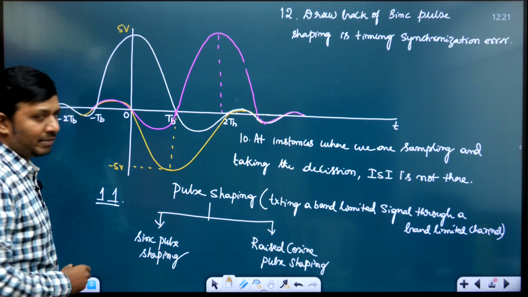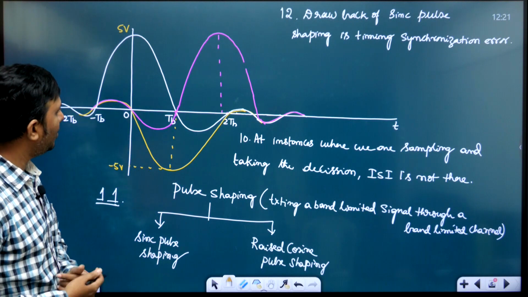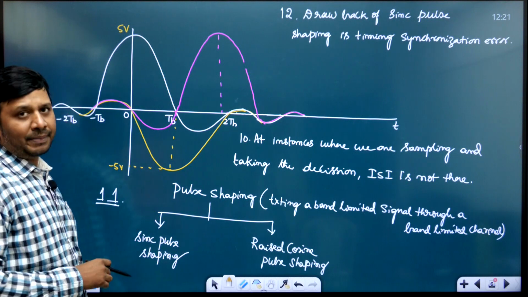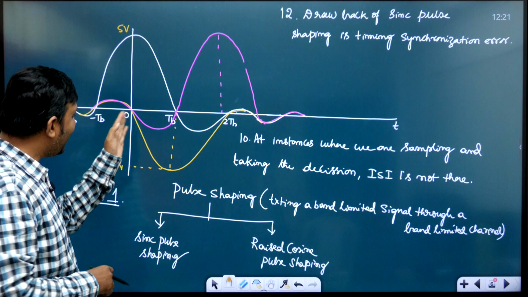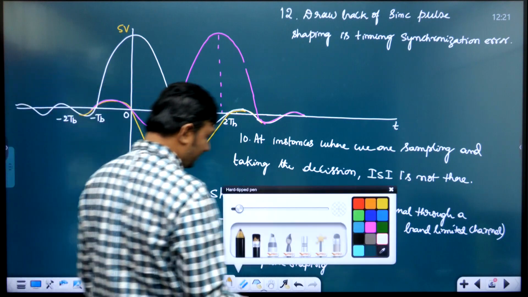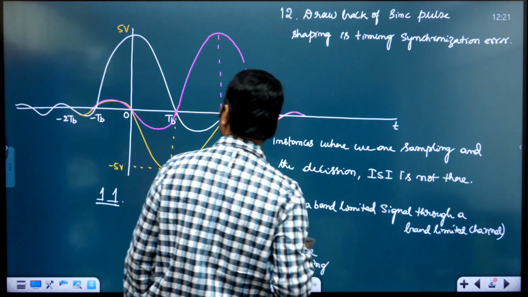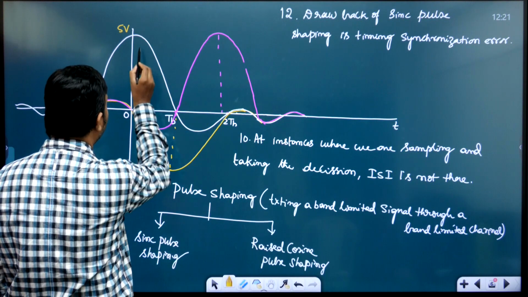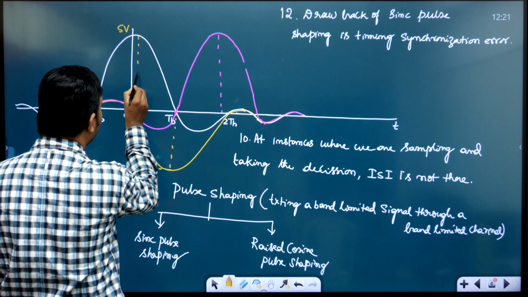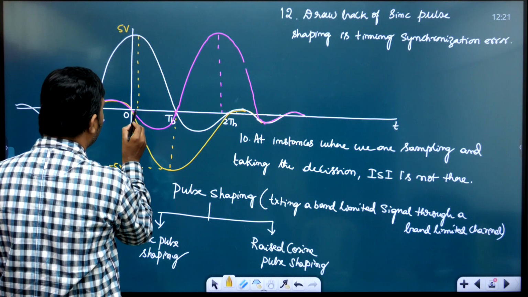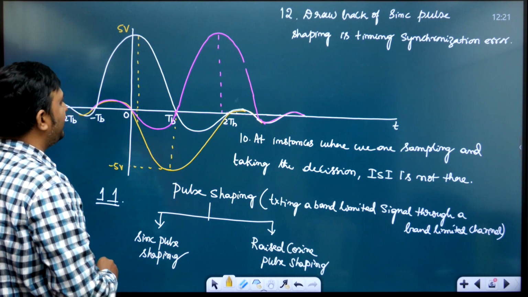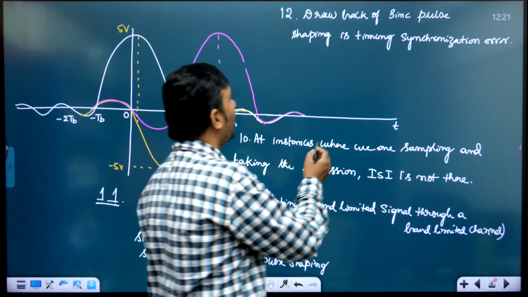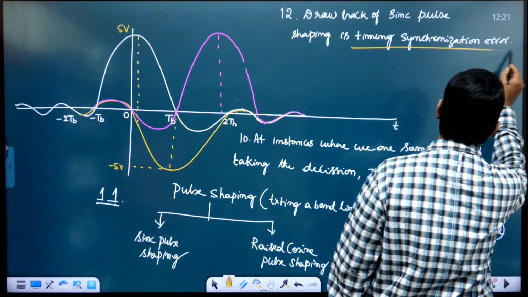Timing synchronization error means here, if you are going to sample at 0 and 2 TB, yes, it is fine. But if you are going to sample other than this specified instance, yes, intersymbol interference will be there. Suppose if I am going to sample at some 0.25 TB instead of TB, what will happen? I will have effect from the adjacent pulses also. So intersymbol interference will come. So this is what is known as timing synchronization error.